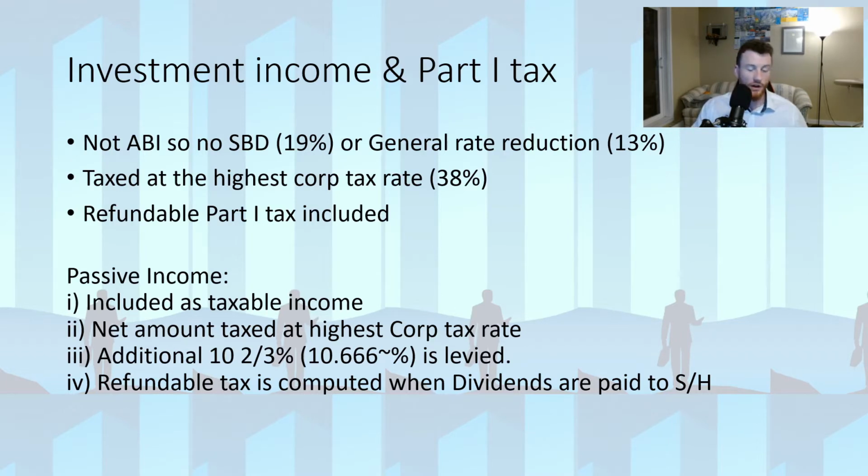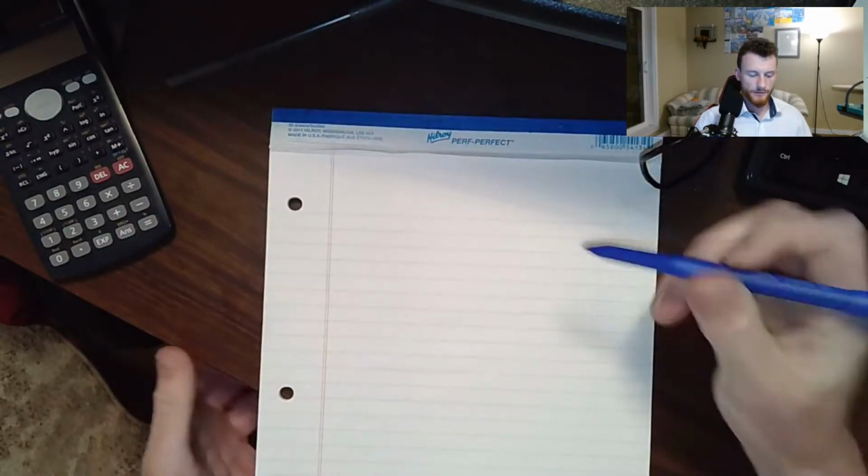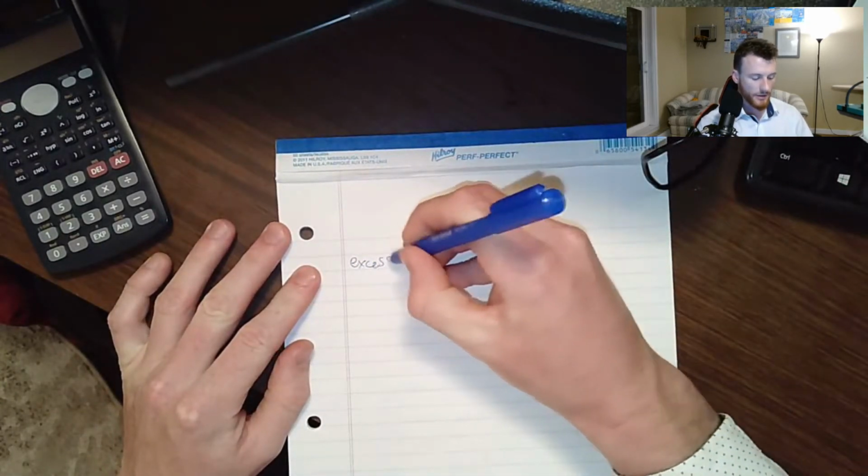We're going to shoot over to the scanner right now, where we are going to look at a basic example of how a corporation is going to treat investment income. So we're going to have an excess of ABI.